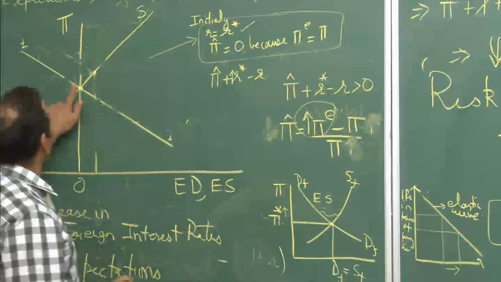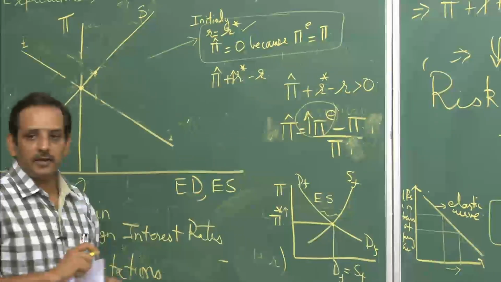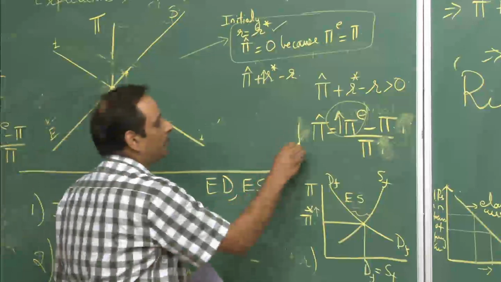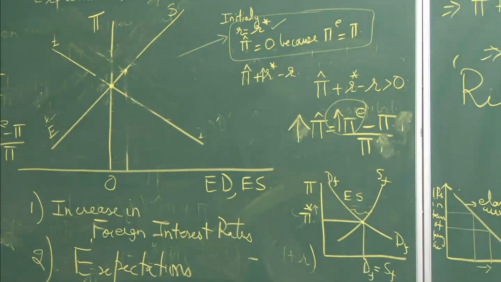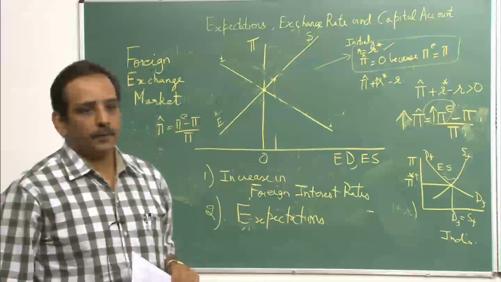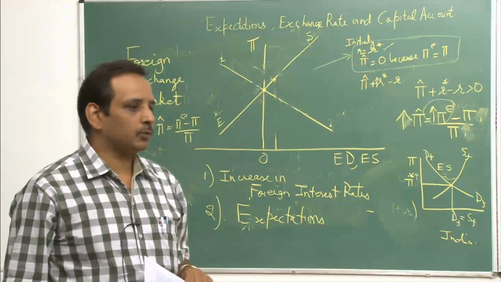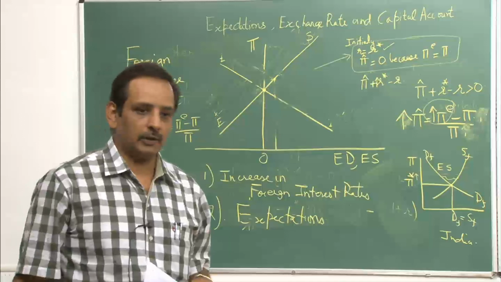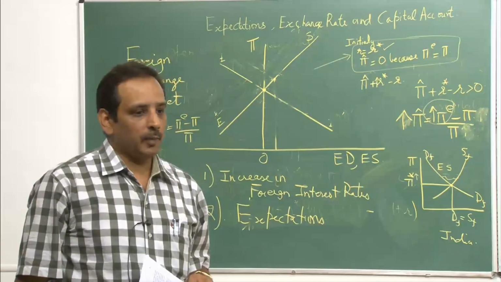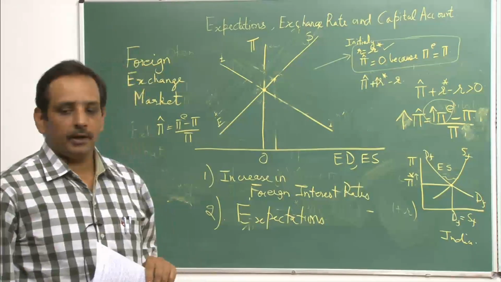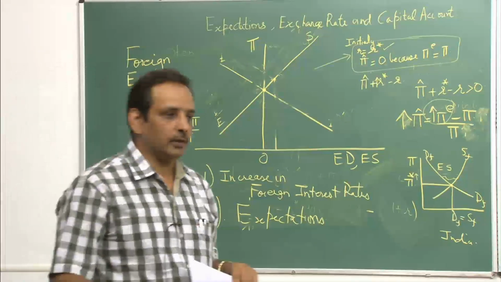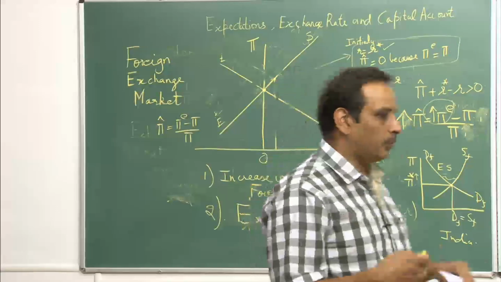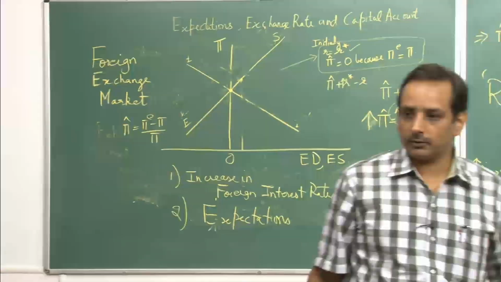Now, from this scenario, as soon as the pi e goes up, you have pi hat going up. When pi hat goes up, there is something which happens to the ED curve. Remember, the speculators, investors, as soon as they see a positive open interest differential, they would like to put their money into foreign bonds.